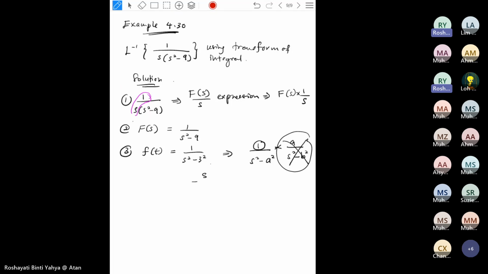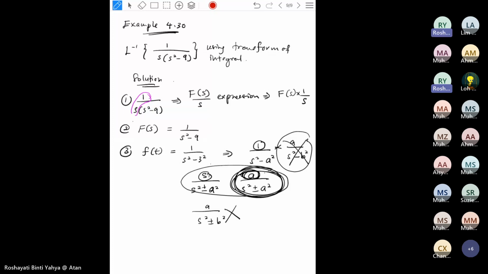The first one, s over s squared plus or minus a squared, and also a over s squared plus or minus a squared. Since we don't have s on the numerator, we can modify using a over s squared plus or minus a squared.